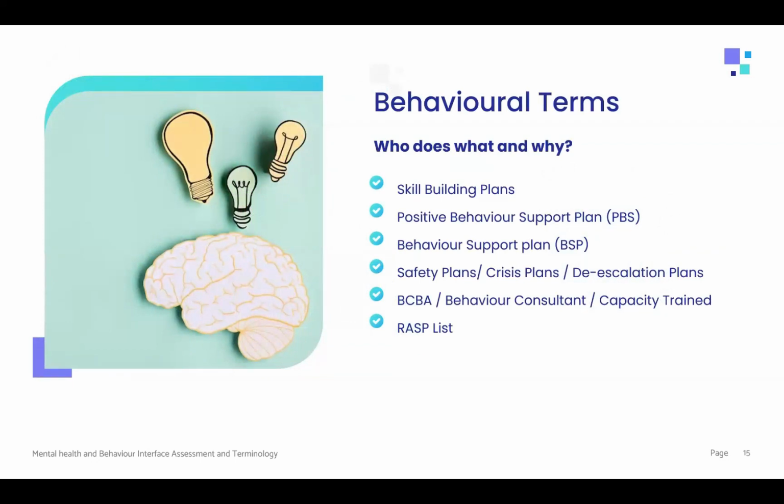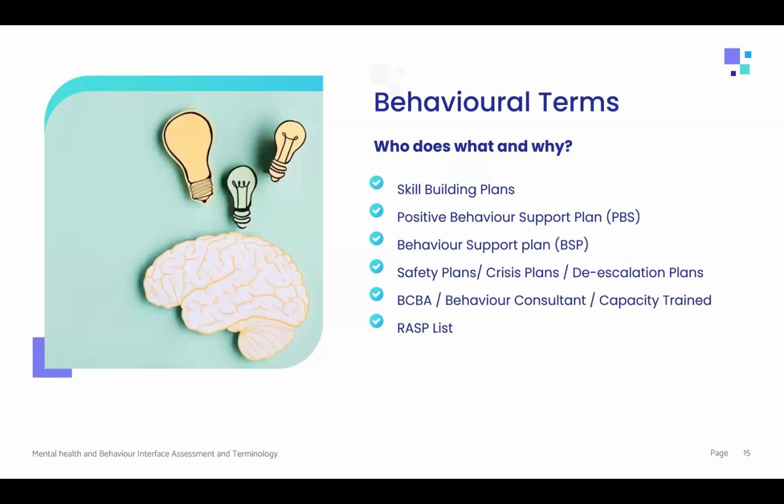Skill building plans. These can be relatively straightforward or more complicated depending on the skills targeted. The plan could focus on developing communication skills, health and safety skills, functional life skills, academic, vocational skills, and you get the idea.